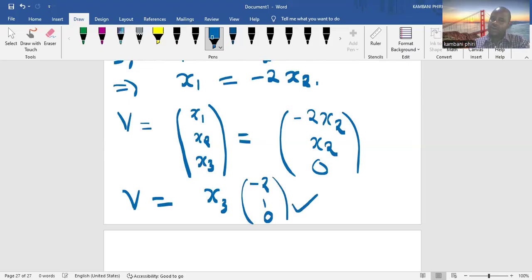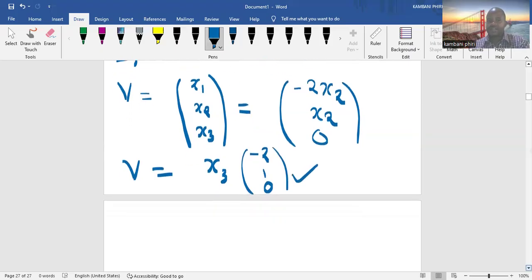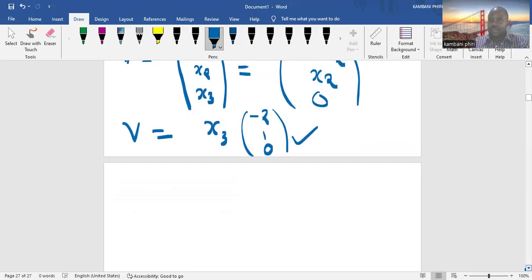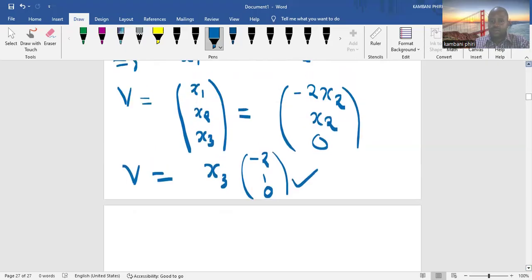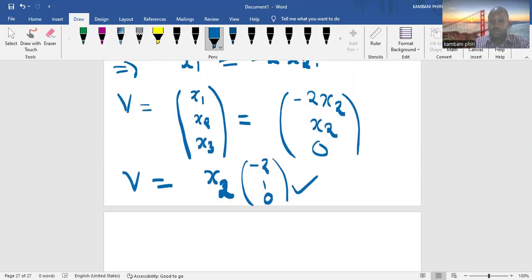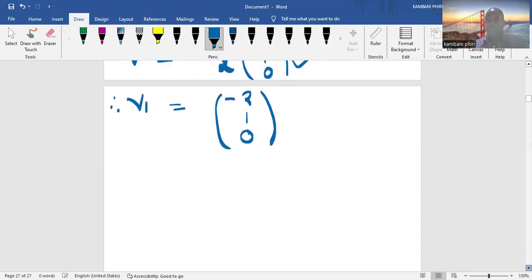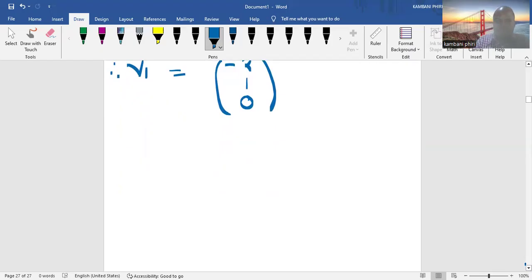So this now is our eigenvector. Therefore, our V1, our first eigenvector, is negative 2, 1, and 0. That's what we have. Okay, next I get the second eigenvector.